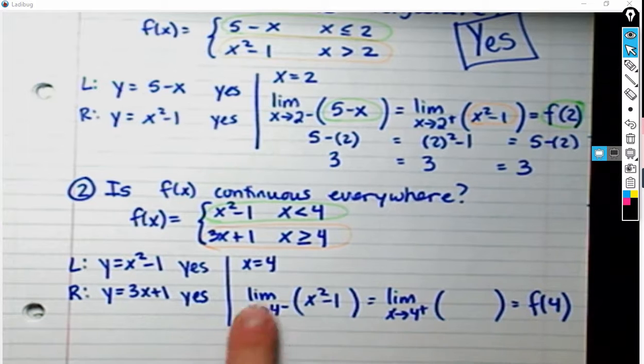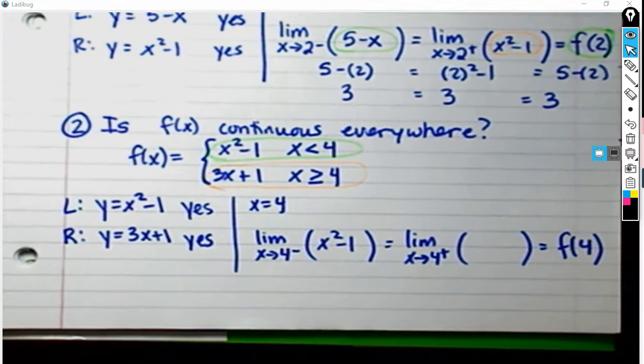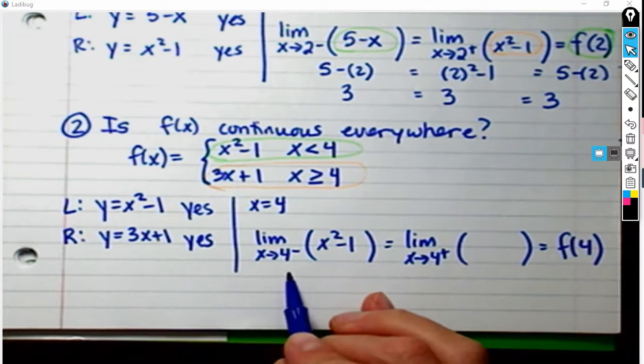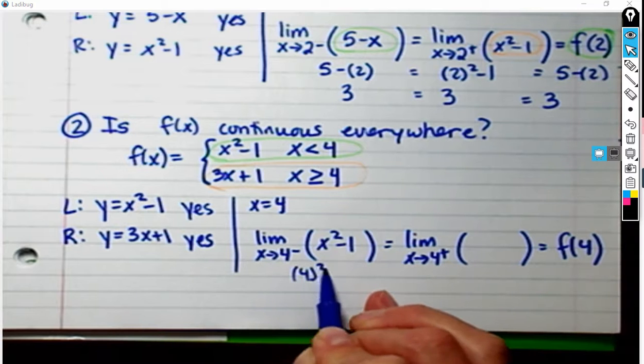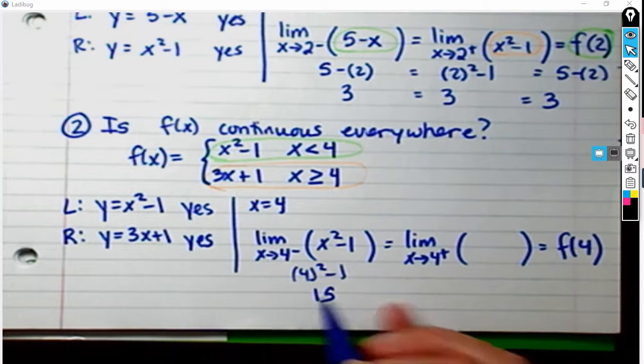What do you get when you evaluate this limit statement? Okay, so 4 squared, so we get 15.